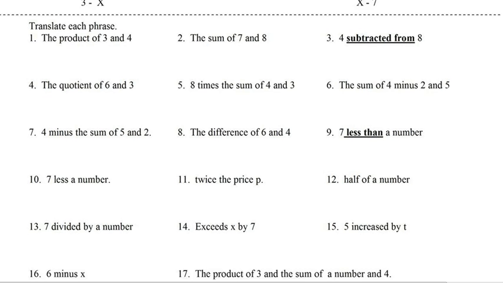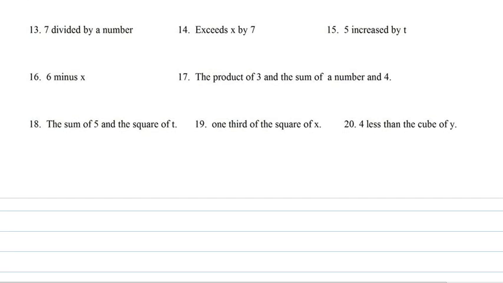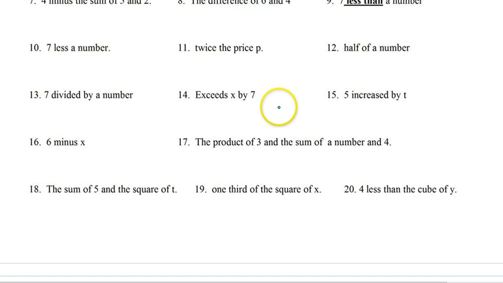Here's a bunch of them to try. Let me try one just to kind of give you an idea. Let's just go straight for the last one. How's that sound? Right there. Alright, the product. Well, that means I need to find and right there. So that means that and is a multiplication.